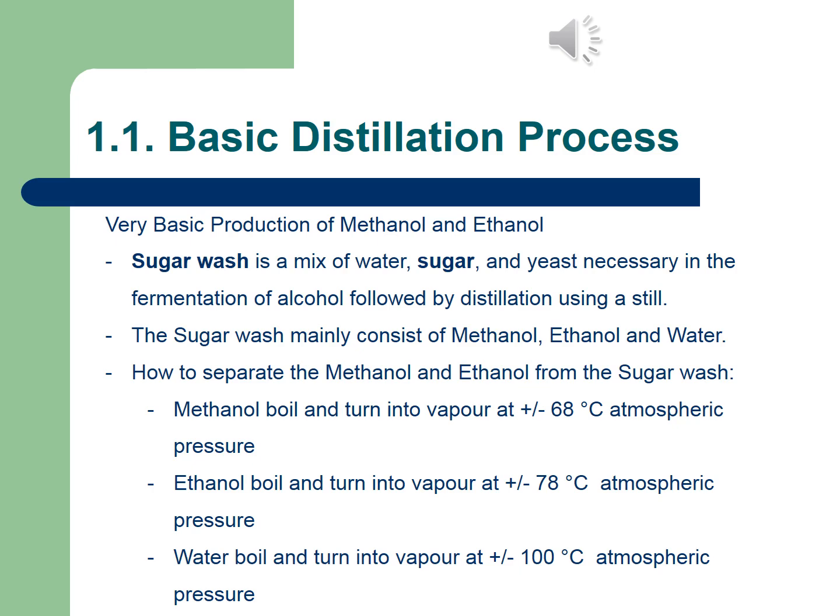Now, this atmospheric pressure is important because if your pressure is going to increase, that might shift things, because if the pressure increases, there's more pressure on the surface area of that liquid, and this in turn is going to cause a higher boiling point. Okay, so at atmospheric pressure, ethanol will boil at plus minus 78 degrees Celsius, and then water boils, of course, at plus minus 100 degrees Celsius.